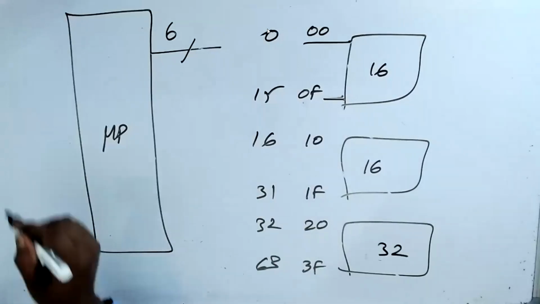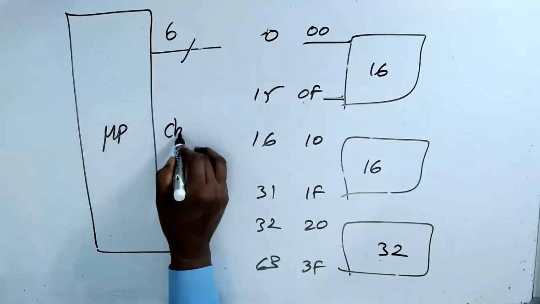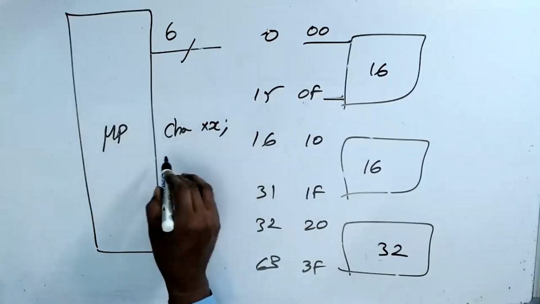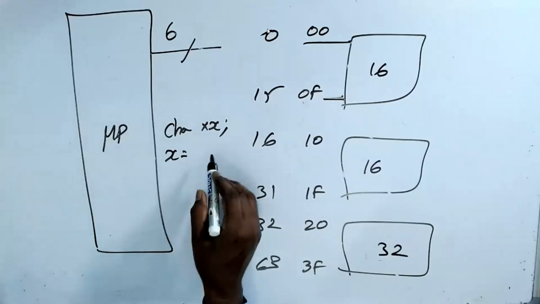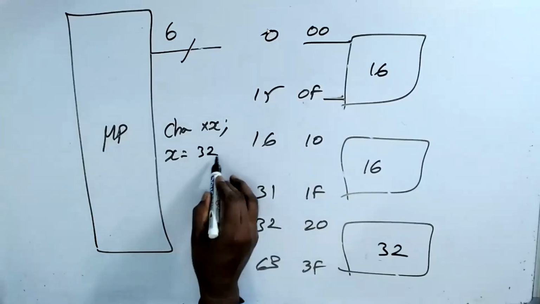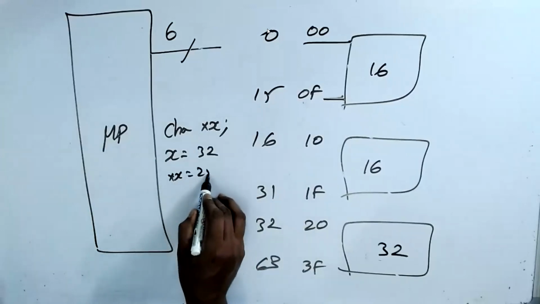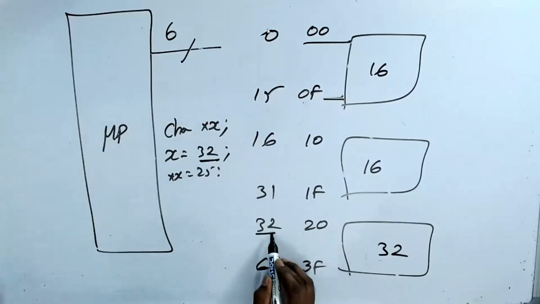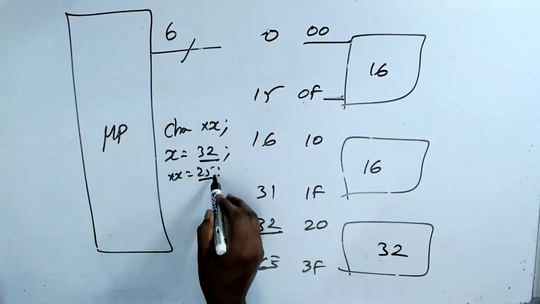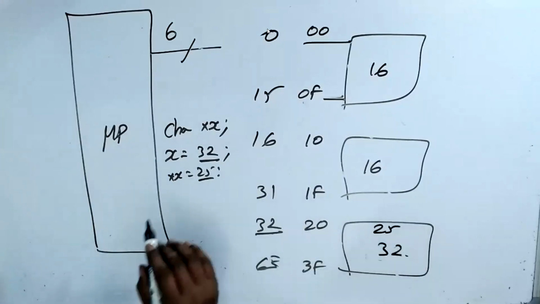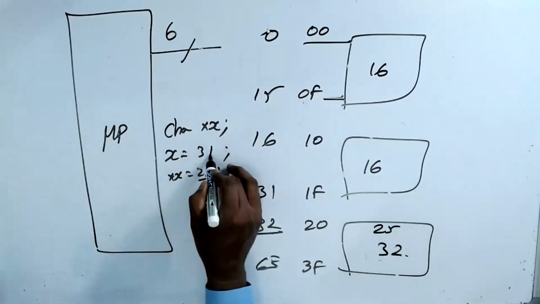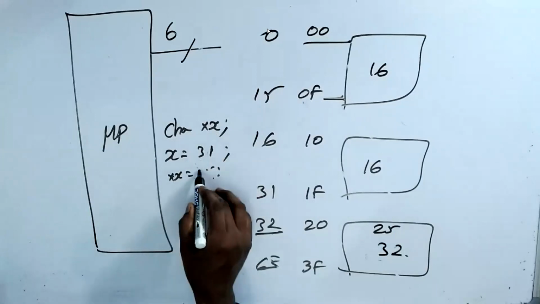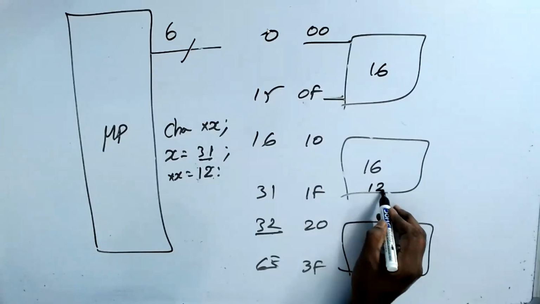Now, if I write a program, char *x; x is equal to 32, *x is equal to 25. Since I have given 32, it matches here, and this 25 will be written here. If I say the same thing with 31 and *x is equal to 12, 12 will be written here.